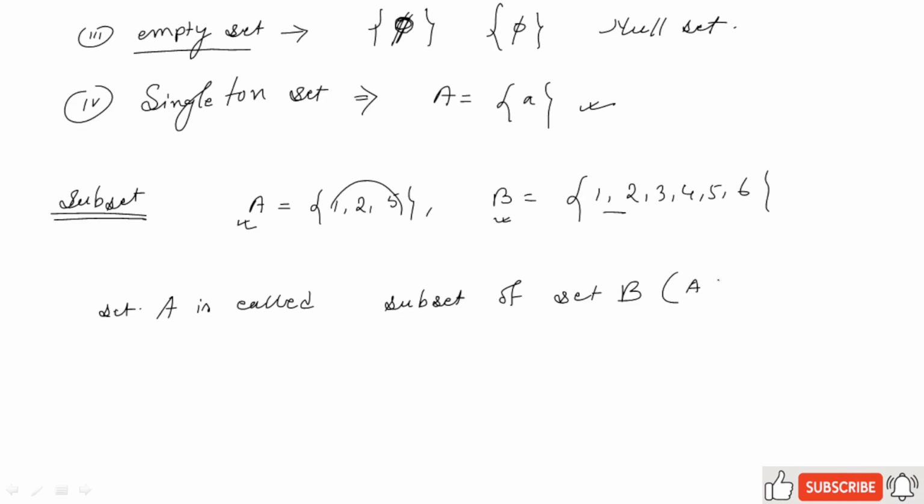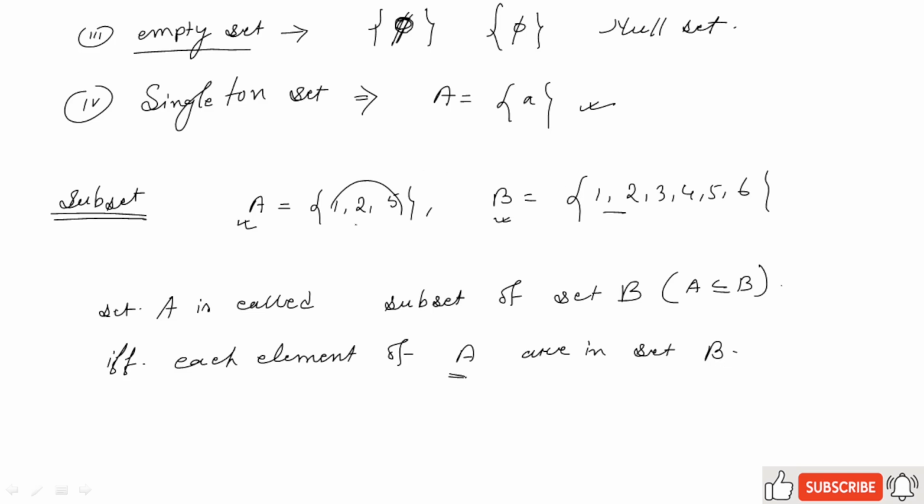which we can write like this, if and only if each element of A is in set B. That means all the elements of A must be in the set B also.